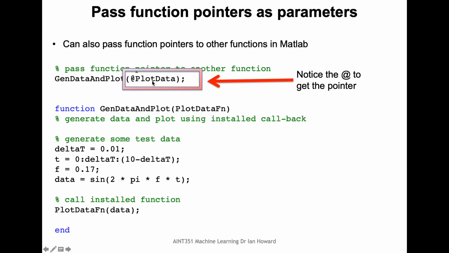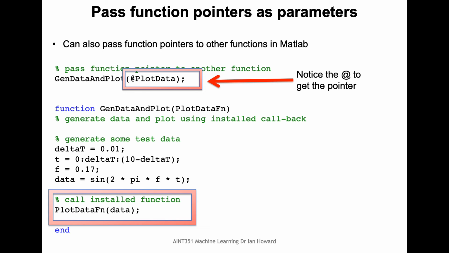Let's say we've already written our plot data function. In the main program we might call gen data and plot, and this takes as an argument a function pointer. Inside the function, it's setting up some data, and then it's calling the function pointer of the thing we passed it when we called it in the first place.